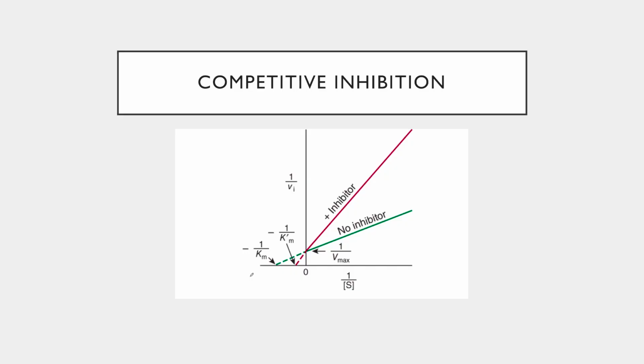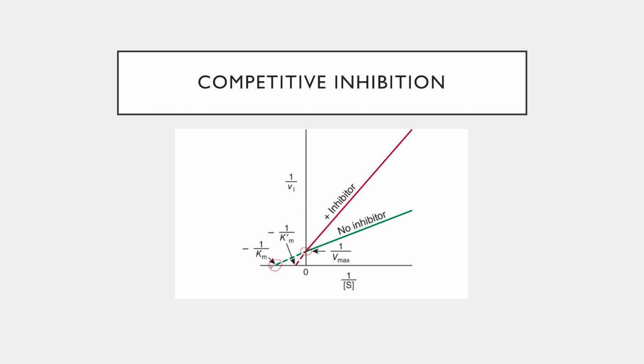The actions of both competitive and non-competitive inhibitors on our Michaelis-Menten constants Km and Vmax can be best illustrated here. If our green line illustrates enzyme kinetics with no inhibitor, you can see that 1 over Vmax is represented here by an intersection with the y-axis, and negative 1 over Km is represented here by our intersection with the x-axis.